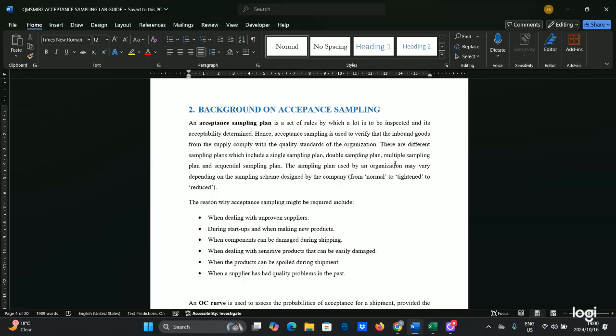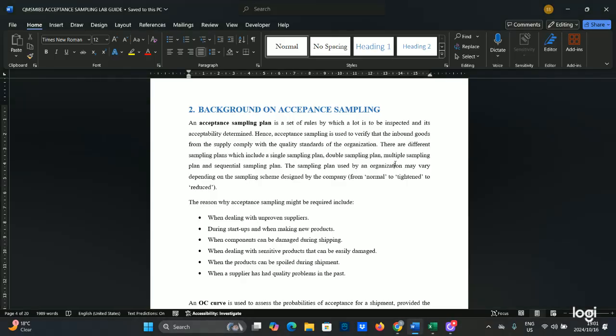If their C, or acceptance number, is equal to 2, it means the maximum amount of defectives they are willing to take is 2. The lot is accepted if they find 2 or fewer defectives.